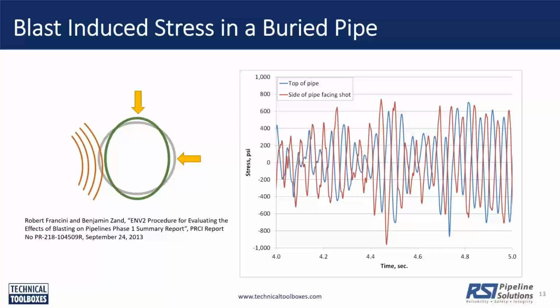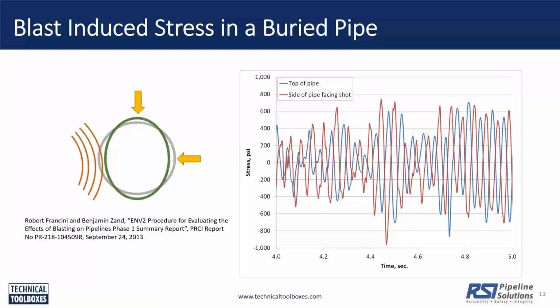Here, the gray circle is the intact pipe. The green circle shows the deformed shape of the pipe after vibration affects the pipe. And this type of movement creates through thickness bending in the hoop direction, the circumferential direction. Now, we also get a through thickness bending in the longitudinal direction because the pipe is a continuous structure.